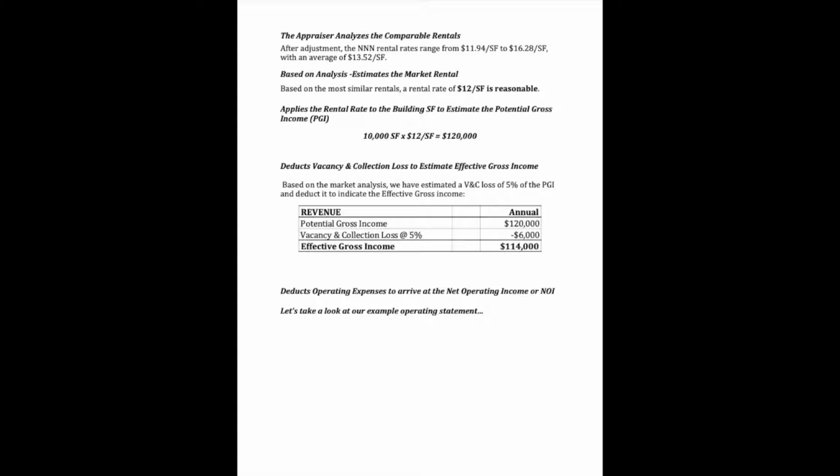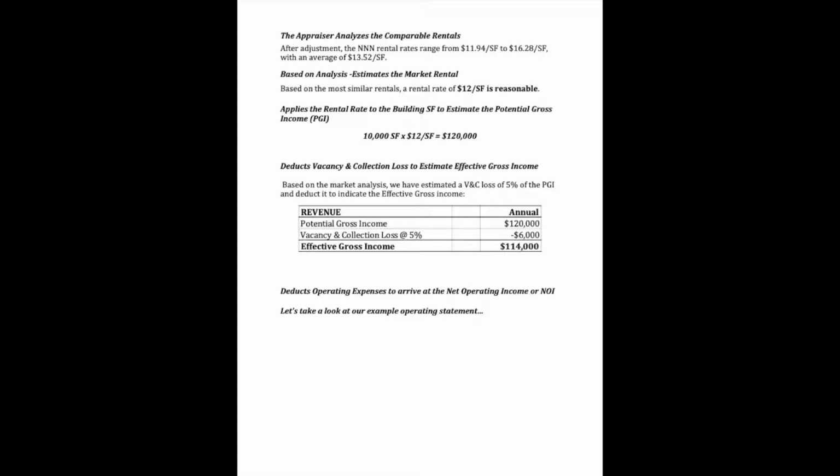$120,000. Next, we're going to deduct vacancy and collection loss to estimate effective gross income. Based on the market analysis, we have estimated a V&C loss of 5% of the potential gross income and deducted it to indicate the effective gross income.